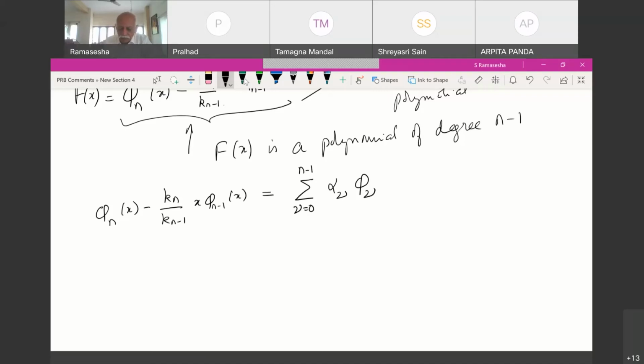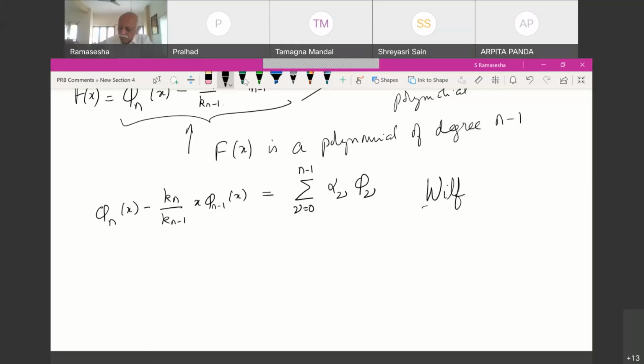Sir, which book to refer to? So it's the same book. Have you seen the book? Yes, sir, I've been reading some topics. I'm asking you, Prahlad, have you seen the book?